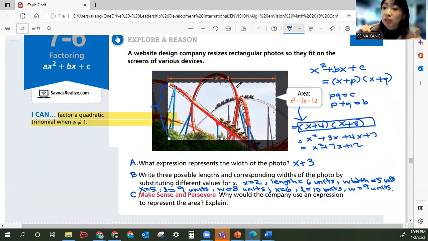Their screen sizes are all different, right? So that's probably where the company is going. The company might use a variable expression to represent the area because the area will change depending upon which device is displaying it. So that could be why. There could be another reason, but that's probably the main reason.